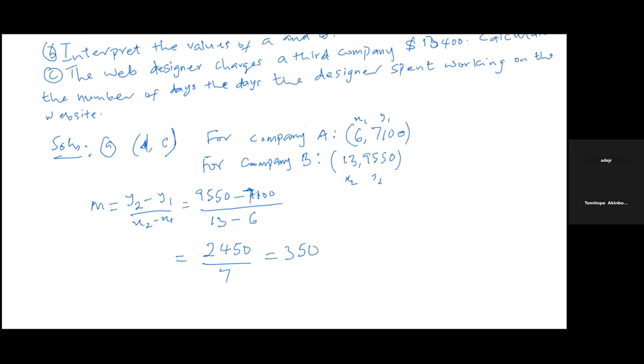So I will now substitute that into the model given to me, because I'm to find it in the form C equals AD plus B. In that case, A is the slope M that we have just determined.